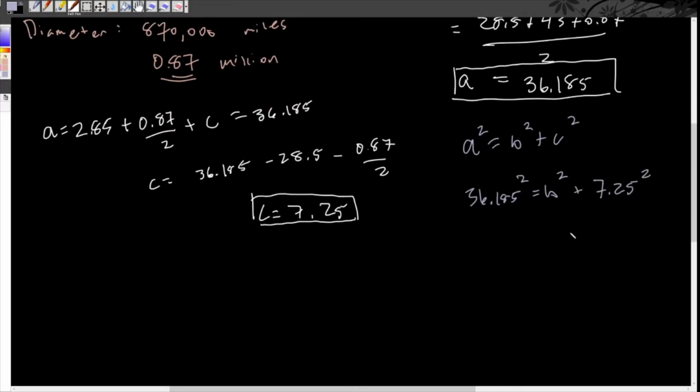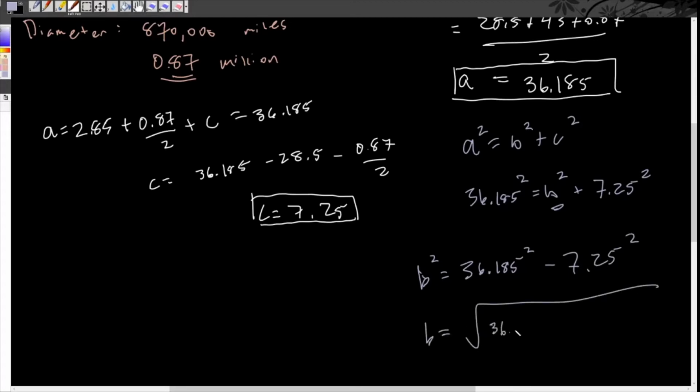So if I want to solve for B squared, it's 36.185 squared minus 7.25 squared, or B is the square root of all that. And here we get B equals 35.451.